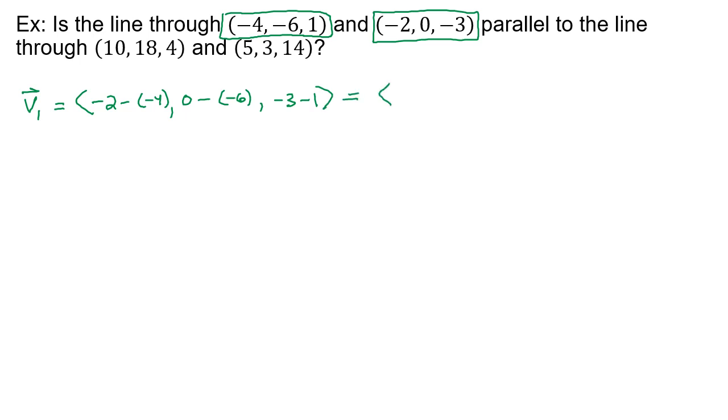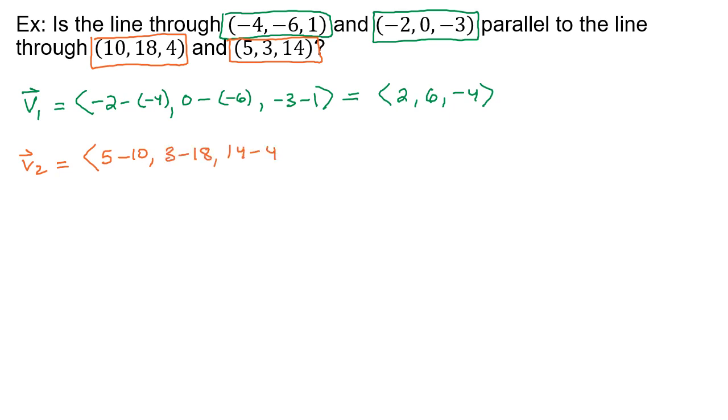That would be -2 plus 4, which is 2, then -6, and 2. Then I'm going to come up with a different vector using the other two points. So v2 will be 5 minus 10, 3 minus 18, and 14 minus 4. So I'll have -5, -15, and 10 for my other vector.